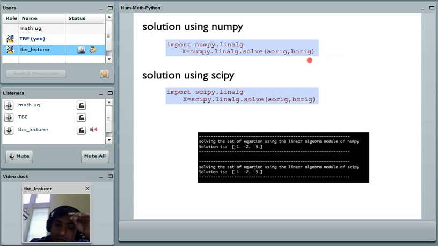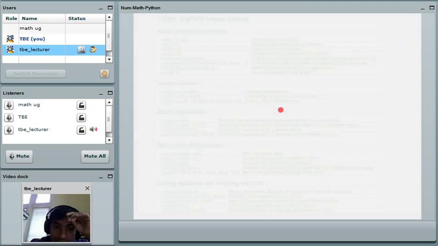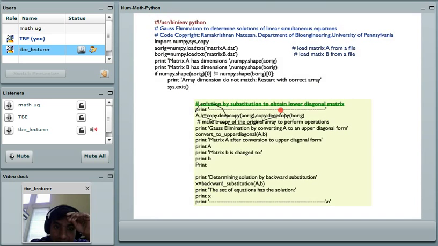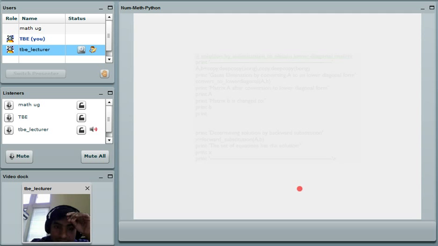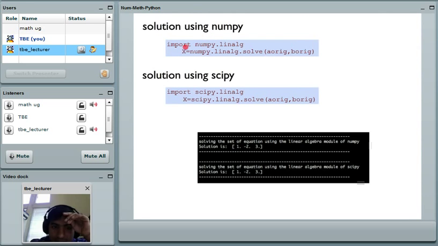Okay, so now the whole big code, you remember we wrote something like some 30-40 lines of code to solve the problem. Now instead of that, I start at this particular point by reading the matrices here. I read these matrices and I don't do any of these calculations, but instead directly I just do this.